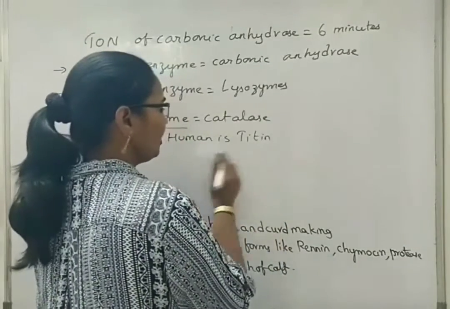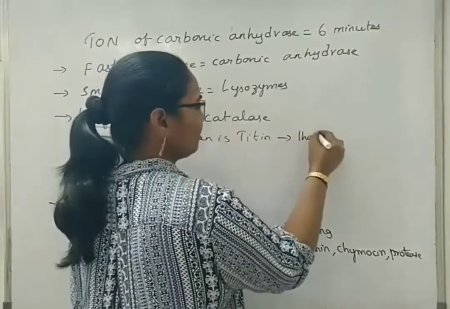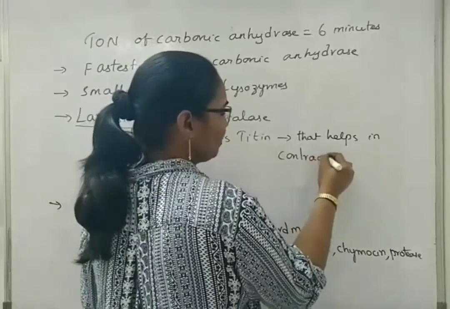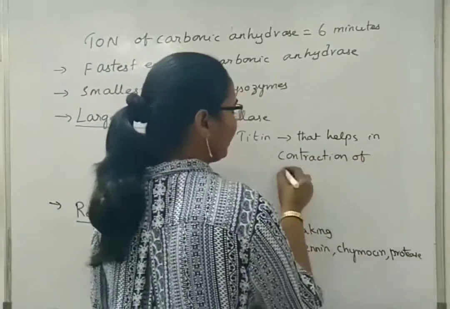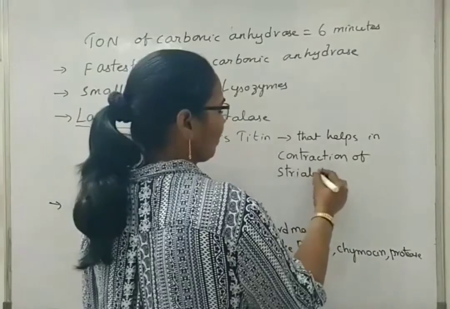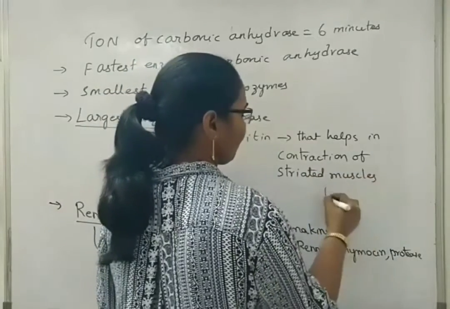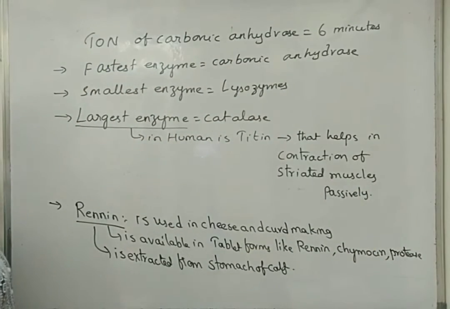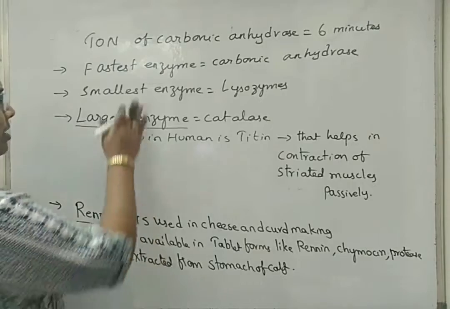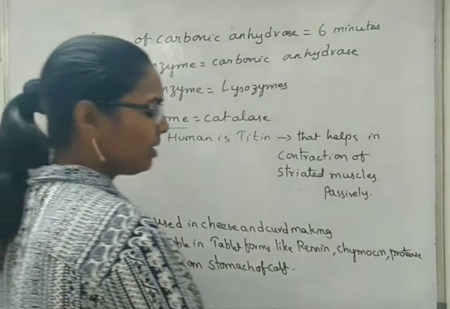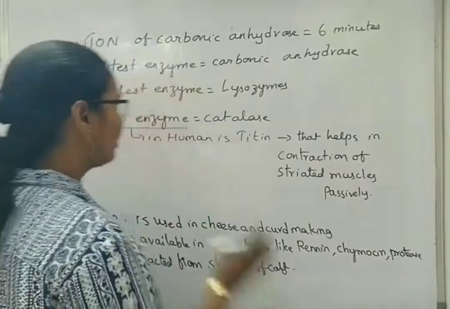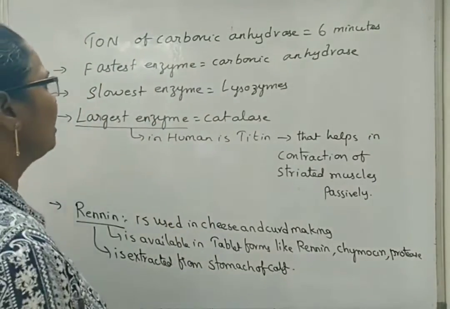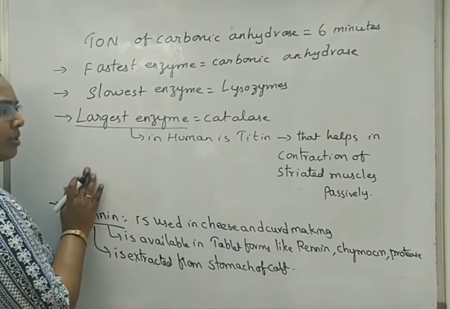Titin in case of human helps in contraction of striated muscles passively. The smallest enzyme we have already written as, not smallest, the slowly acting enzyme is lysozyme. Slowest enzyme is the lysozyme, not the smallest enzyme.